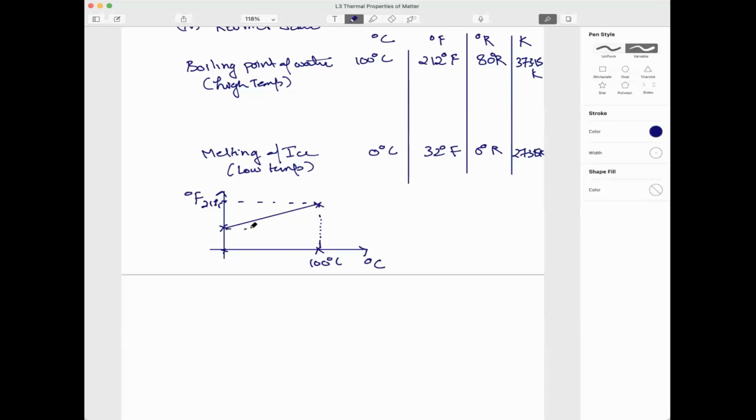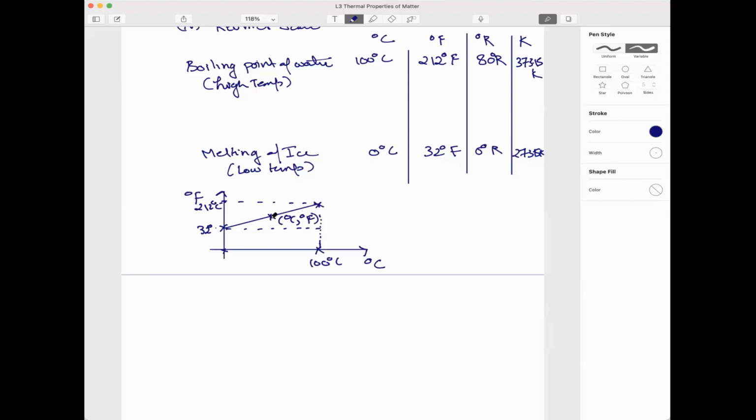We know the melting point of ice and boiling point of water in many different units, and from that we can convert them into each other. Here is 32 degrees Fahrenheit and 212 degrees. Now let's take some random point, degree centigrade and degree Fahrenheit.